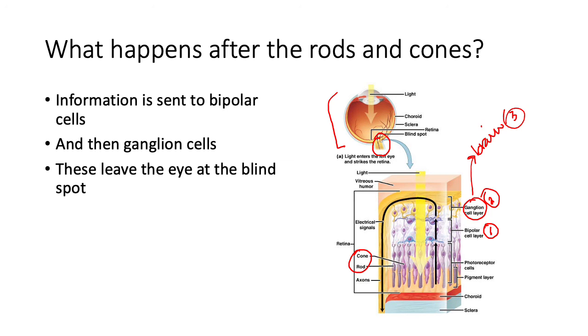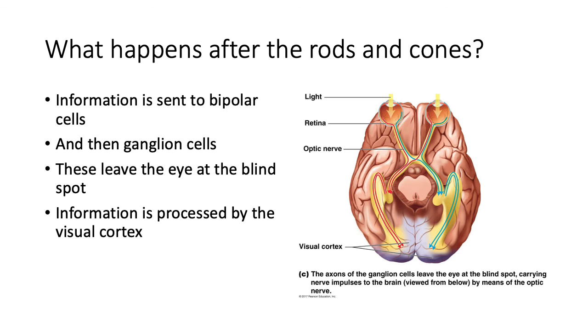Those ganglion cells are either inactive in the dark or active in the light. They're going to send a signal, and specifically, that signal leaves the eyes. So in both cases, we create this optic nerve. We have the optic nerve for the right and left eye, and those optic nerves travel to the visual cortex.